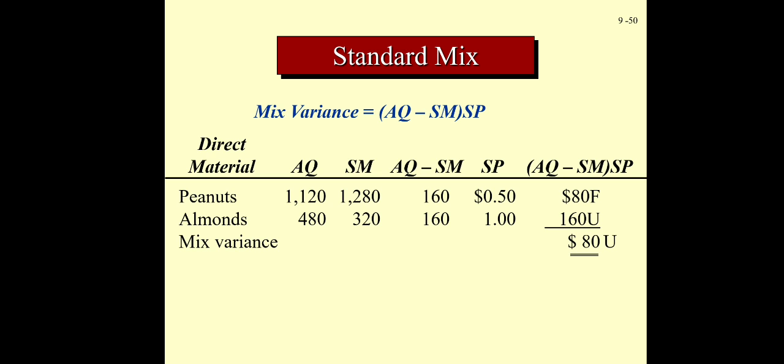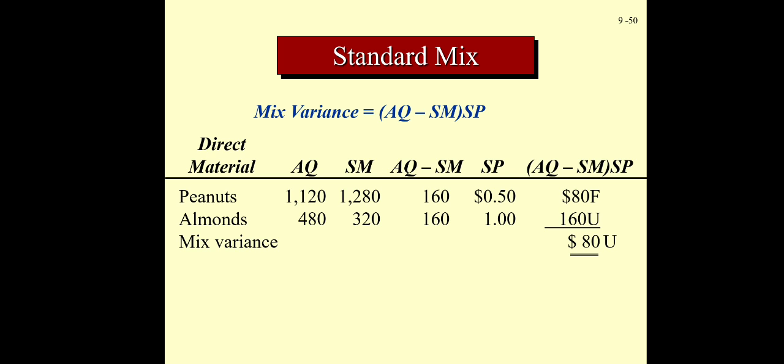So the mix variance, if a question asks you to calculate mix variance, then the answer is actual quantity minus standard mix, and then times standard price. So this is the way to calculate the mix variance.